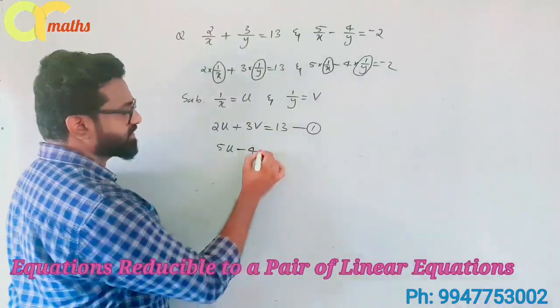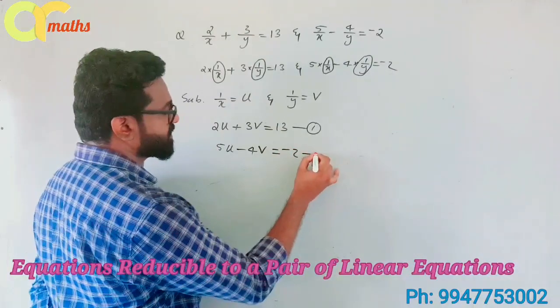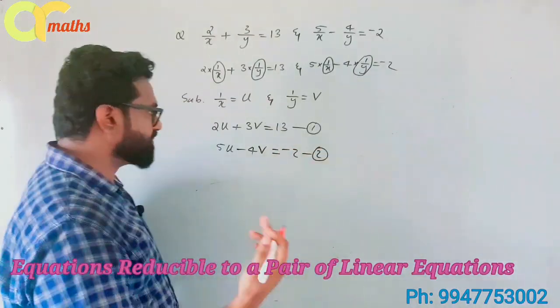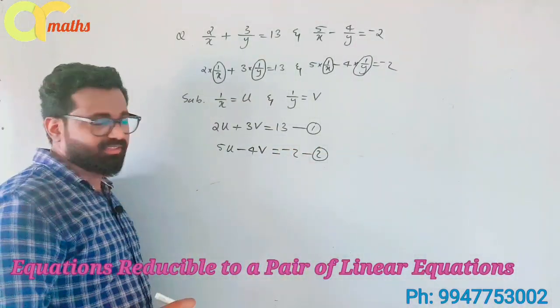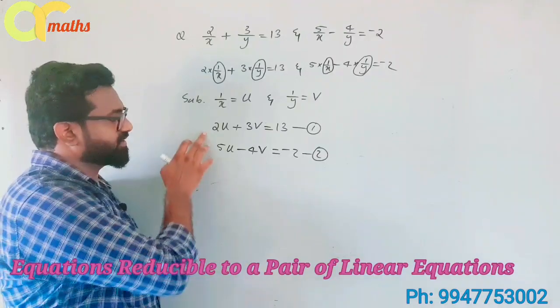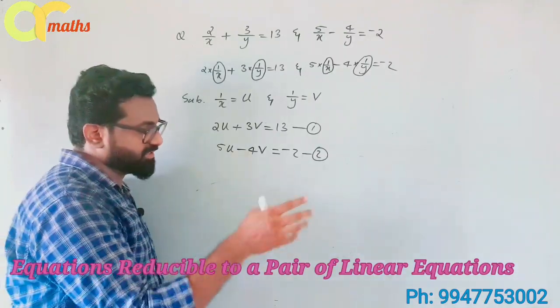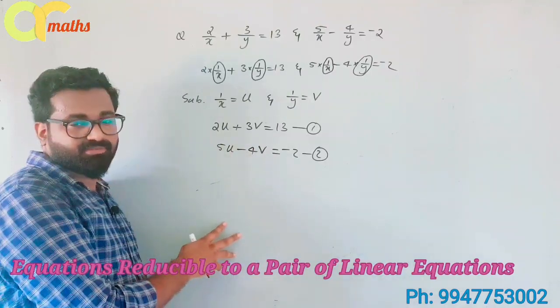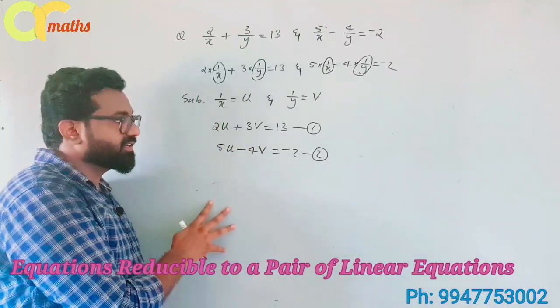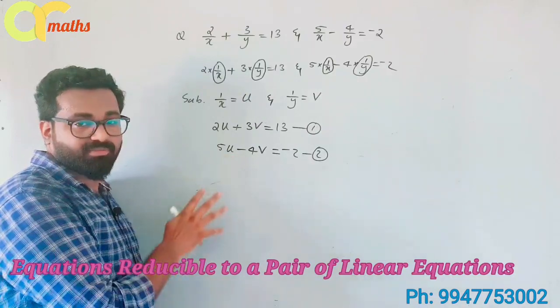What is 1 by y? That is v, equal to minus 2. You got the second equation. Then simplify. Ready? You can find the solutions by the elimination method. There is one more method, the cross multiplication method. That is a very simple method, but it is removed from our syllabus.